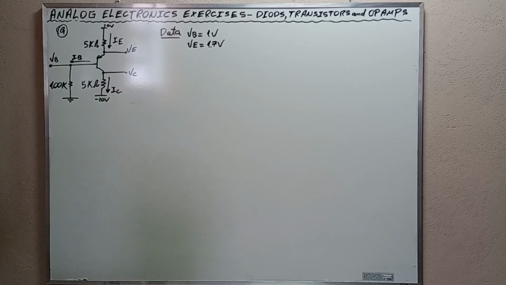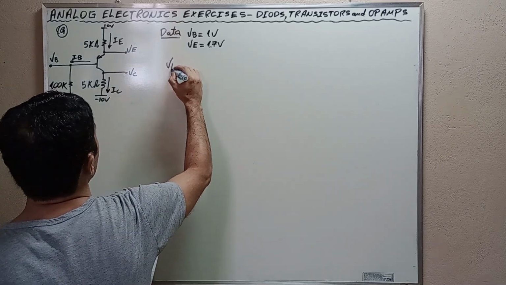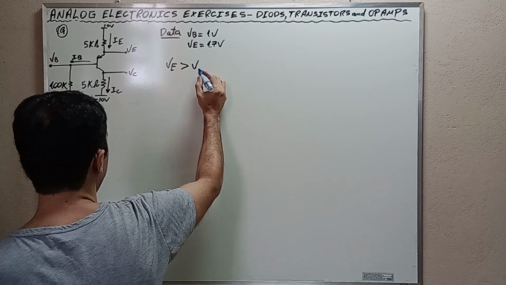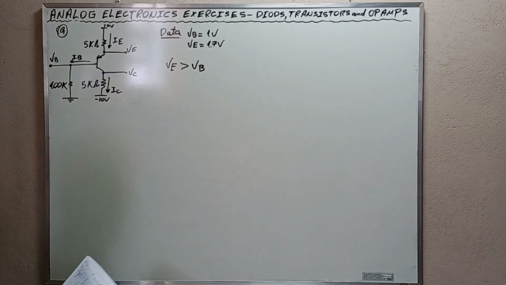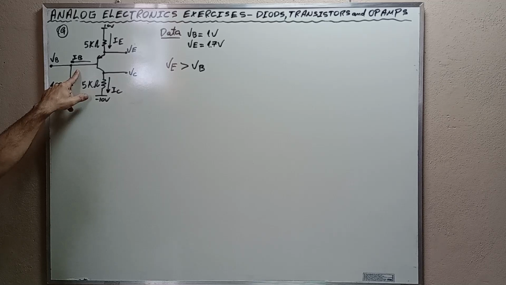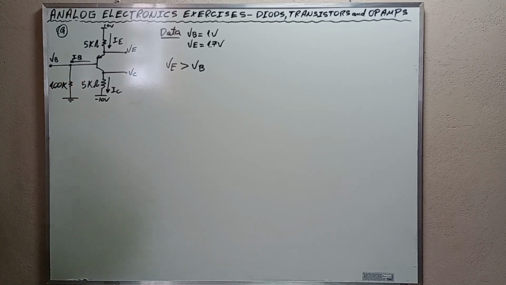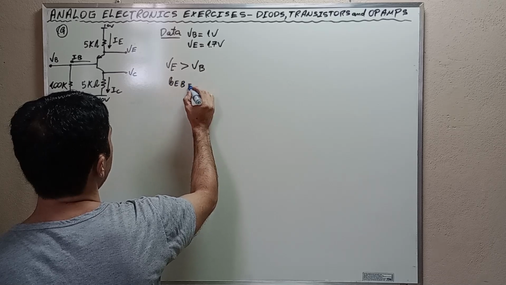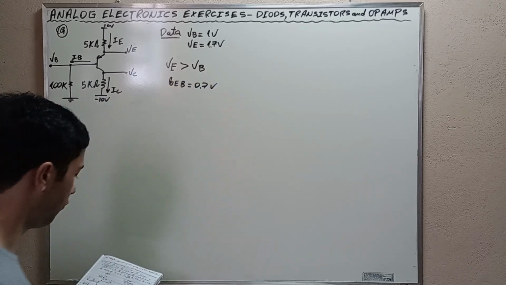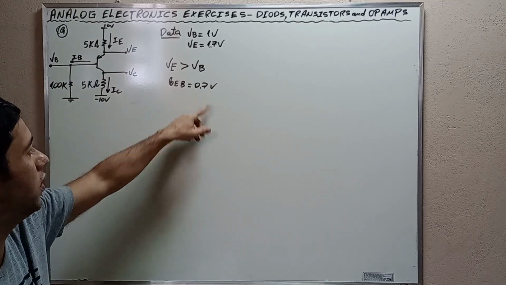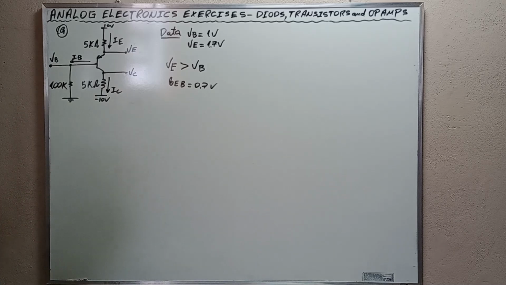As VE is greater than VB, okay, the voltage at the emitter is greater than the voltage at the base, we normally use this voltage here: VEB is equal to 0.7 volts.